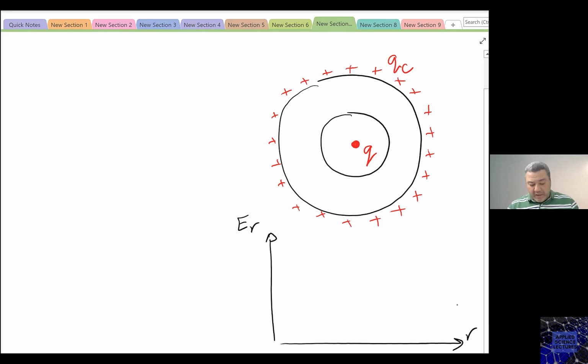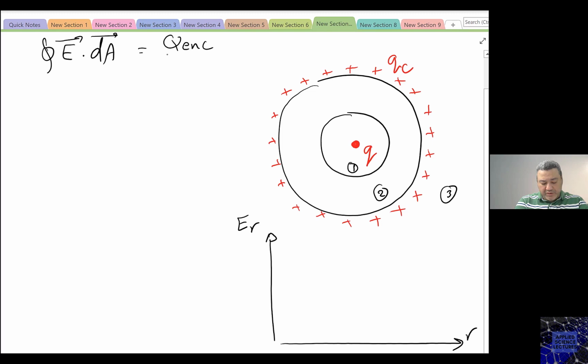Then we'll draw the electric field axis and the radial axis, as we need to plot the electric field versus the radial distance. So we have here again three regions: region number 1, which is the cavity; region number 2, which is the conductor itself; and region number 3, which is outside the spherical conductor. Using Gauss's law again, which is the closed surface integral of the electric field over the Gaussian surface equals the charge enclosed divided by epsilon naught.